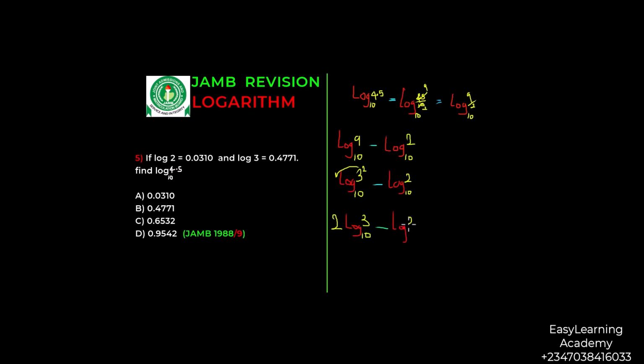The next thing we're going to do is substitute. We have log 3 base 10 and log 2 base 10, and we substitute their values. Log 3 base 10, the base was not written in our question, but we know it's base 10.